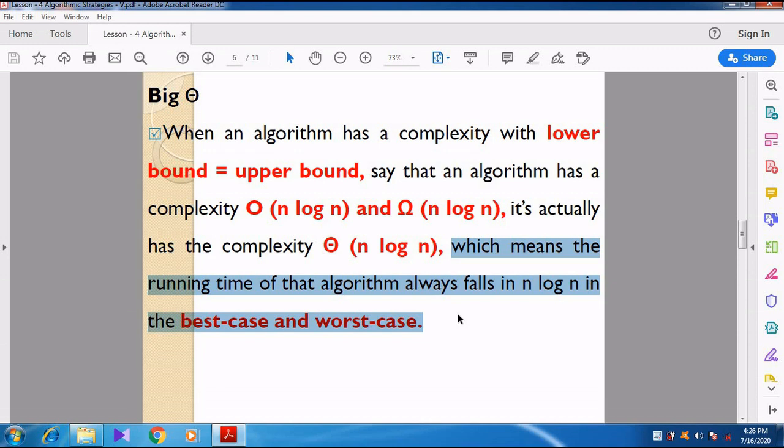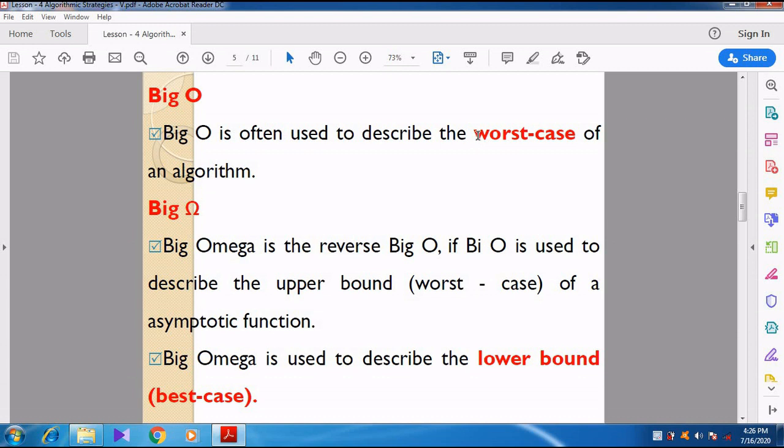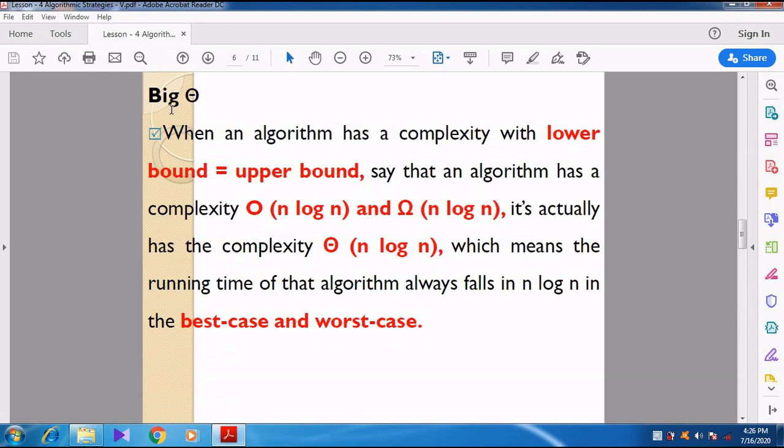First one is big O. Big O represents the worst case, whereas big omega represents the lower bound, the best case, and then big theta represents the case where the lower bound is equal to the upper bound.